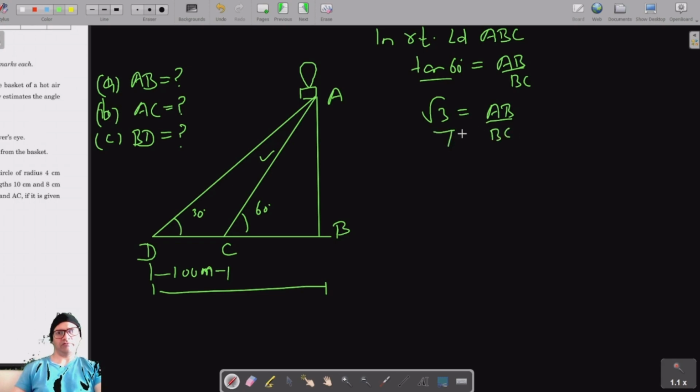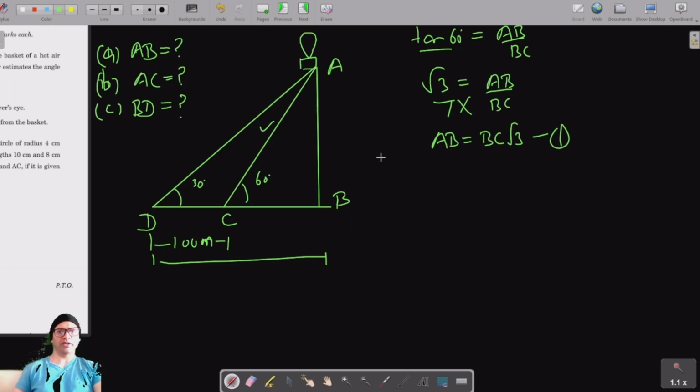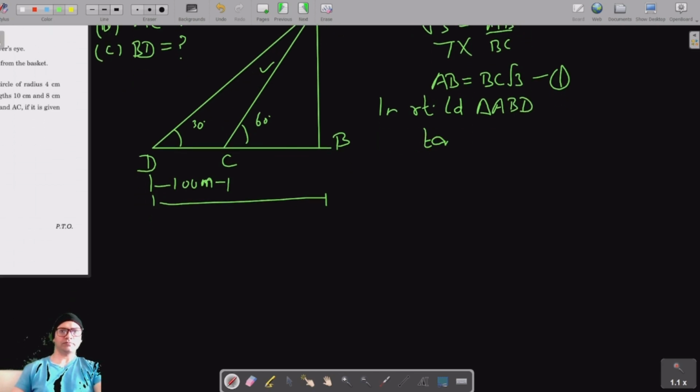If we cross multiply, AB is equal to BC root 3, let's say in the first equation. And now in the right angle triangle ABD, tan 30 is equal to AB by BD.